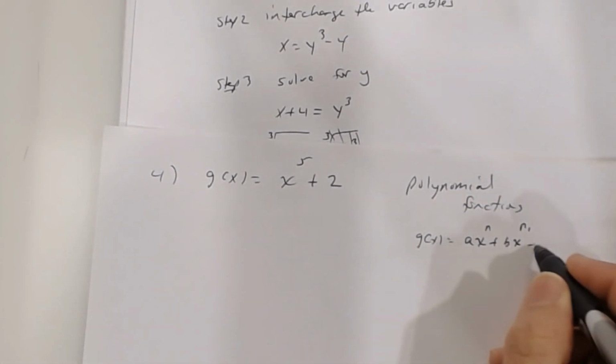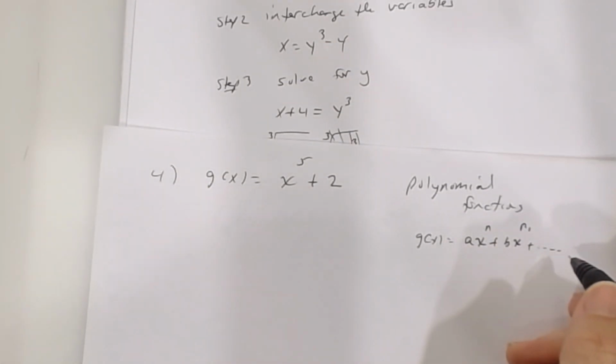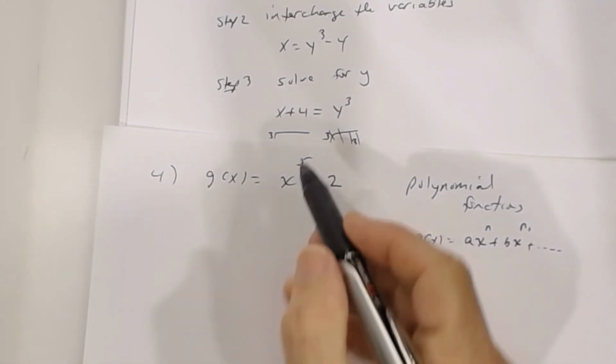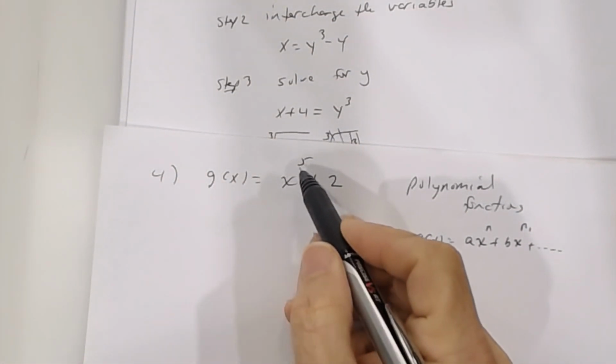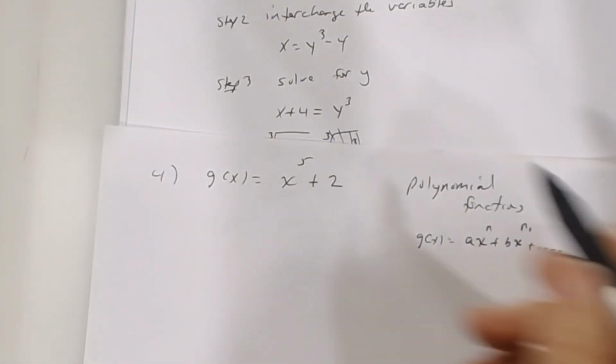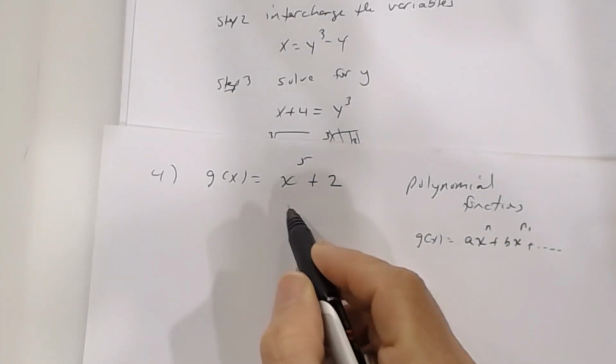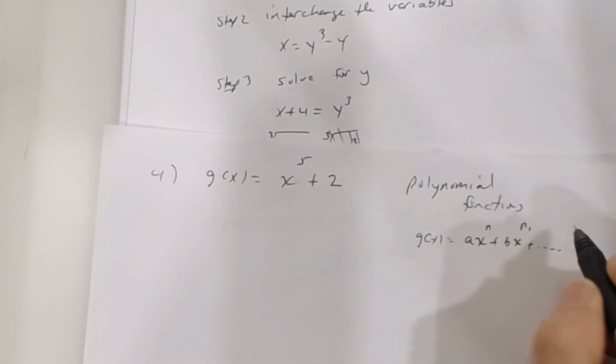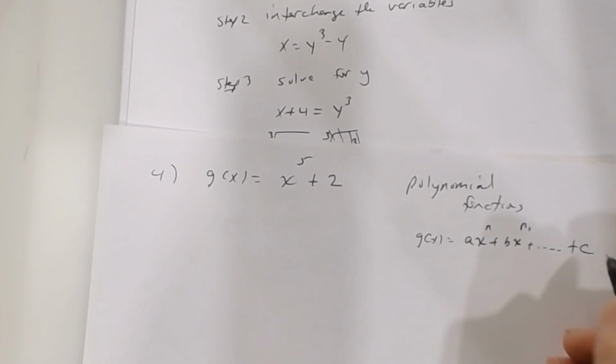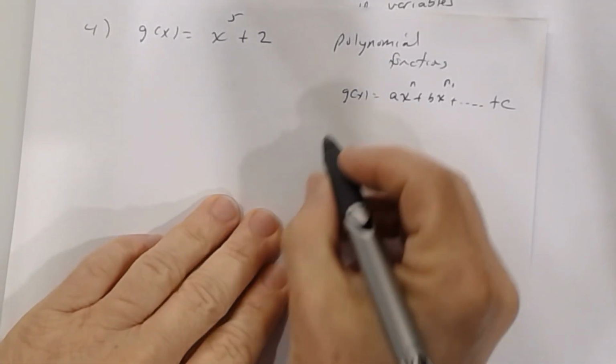Basically, you have a bunch of terms, and each term has x raised to a whole number power. So you see right here, that's x raised to what power? 5. And then you could have not only one term, but also a constant at some point.